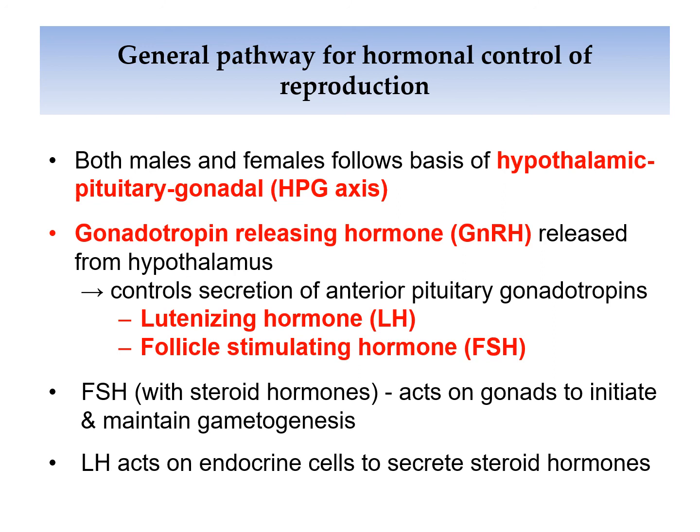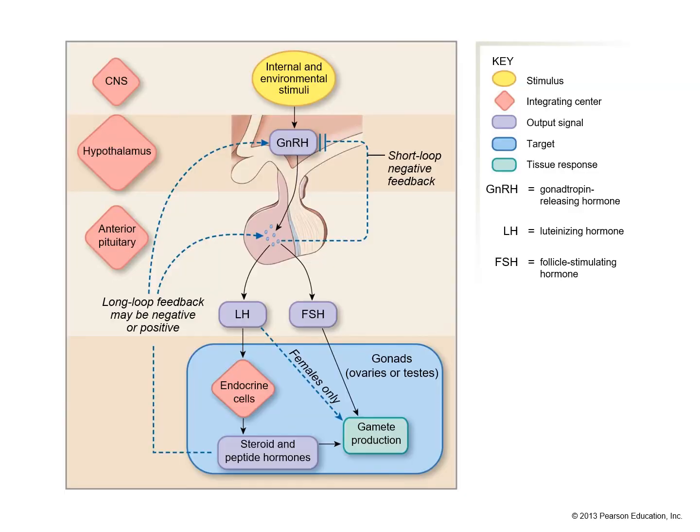And what LH does is that it acts on the endocrine cells to secrete steroid hormones that will facilitate the initiation and maintenance of gametogenesis by FSH. This particular signaling pathway really captures the whole hypothalamic, pituitary, and gonad axis.